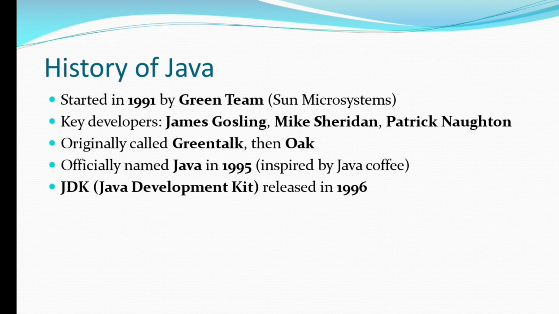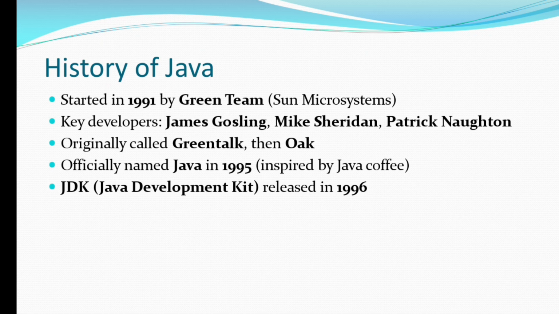So before going into this Java programming language, first we need to go through its history, right? It started in 1991 by the Green team, who were working at Sun Microsystems. The main developers of this Java programming language are James Gosling, Michael Sheridan, and Patrick Naughton.